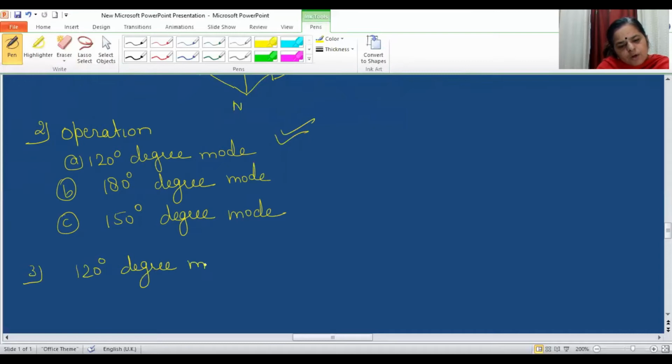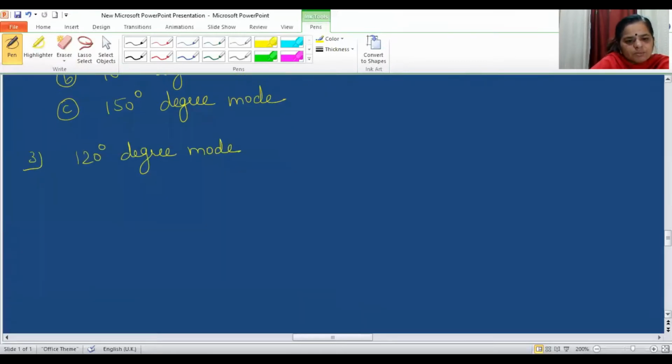Now, if I talk about this mode of operation, there will always be a few assumptions, based on which the conduction schedule of an SCR will be decided.